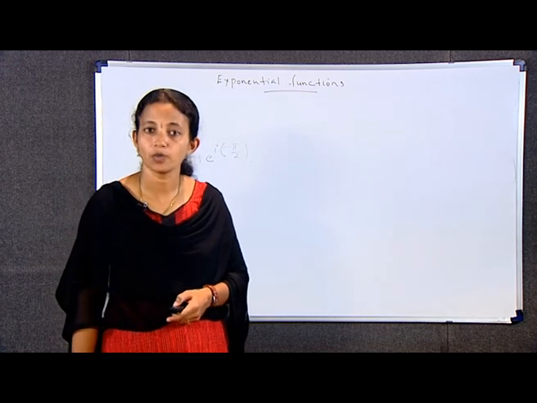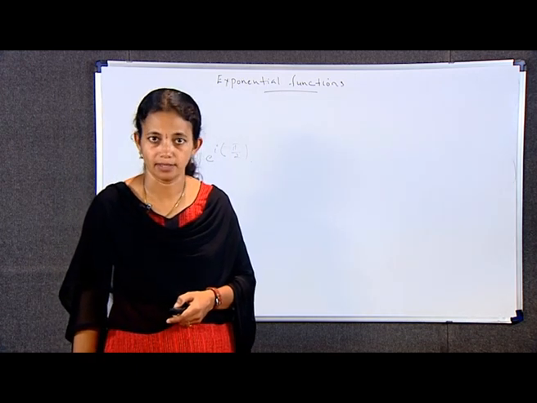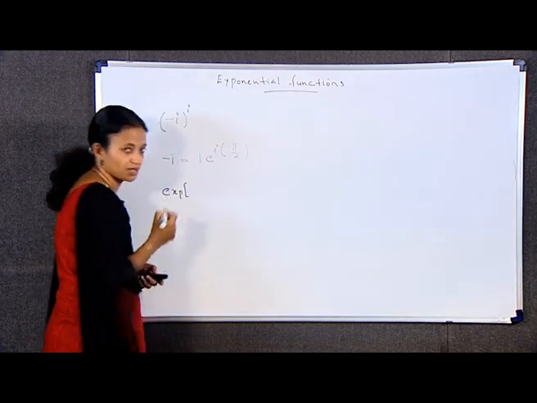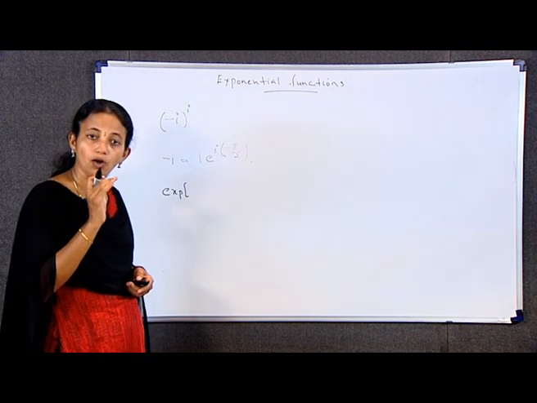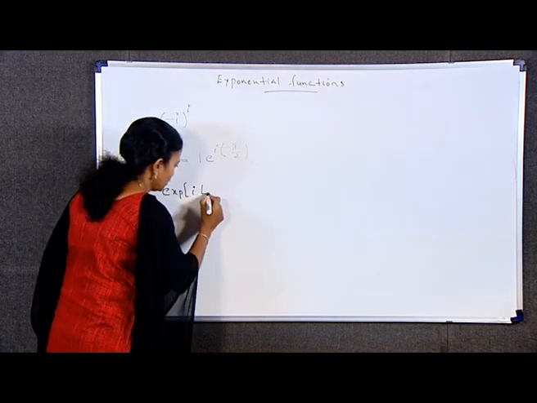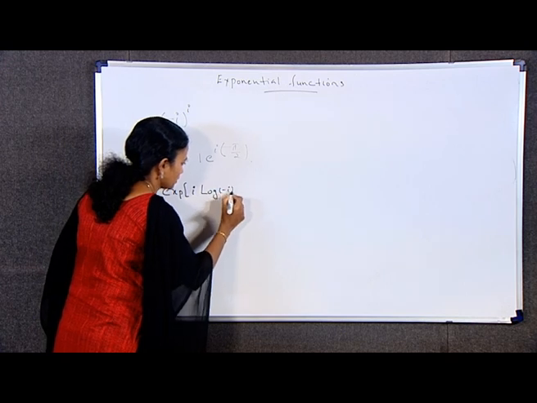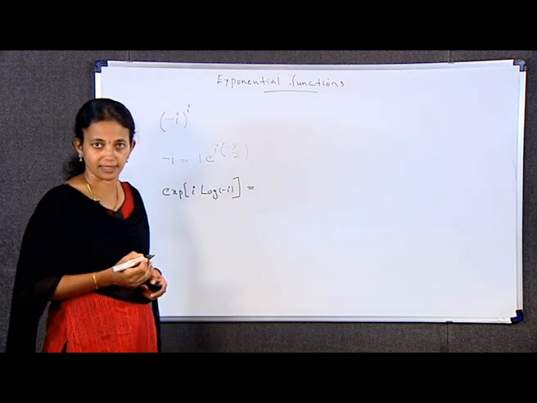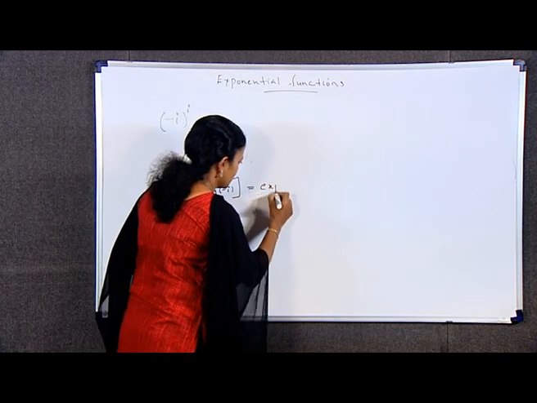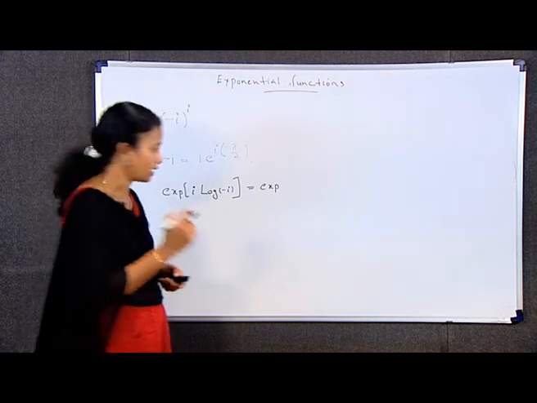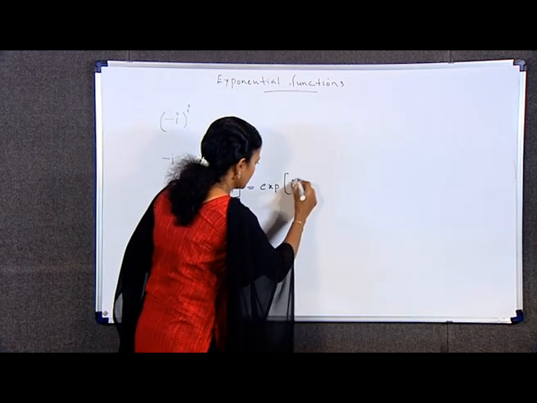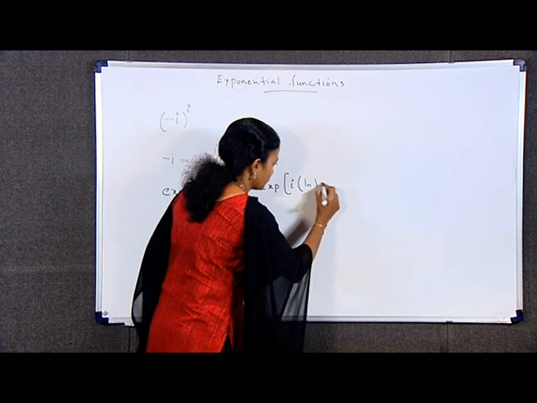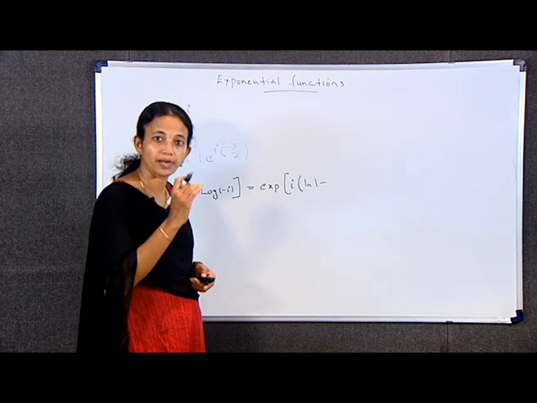The principal value of minus I raised to I is exponential I into capital Log of minus I. Here we have a bracket, which I can write as exp of I into, taking I outside, again a bracket, I into ln 1 minus I pi by 2.